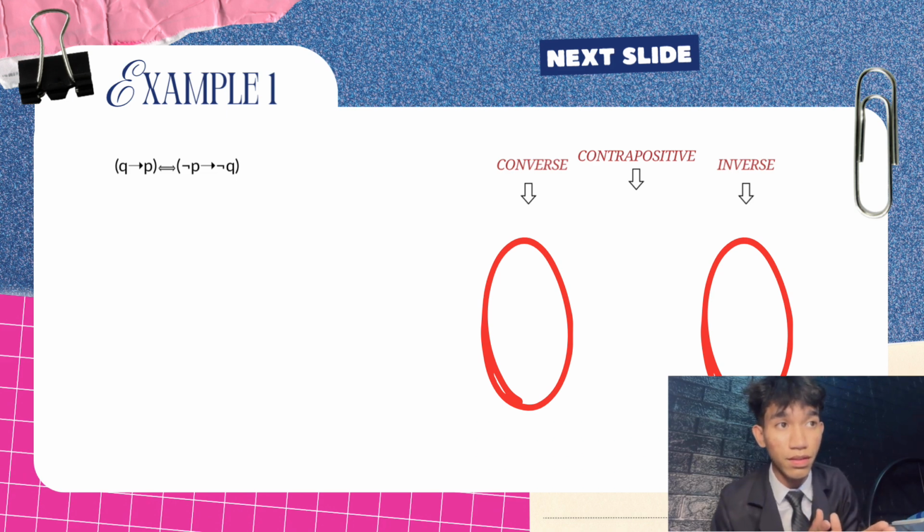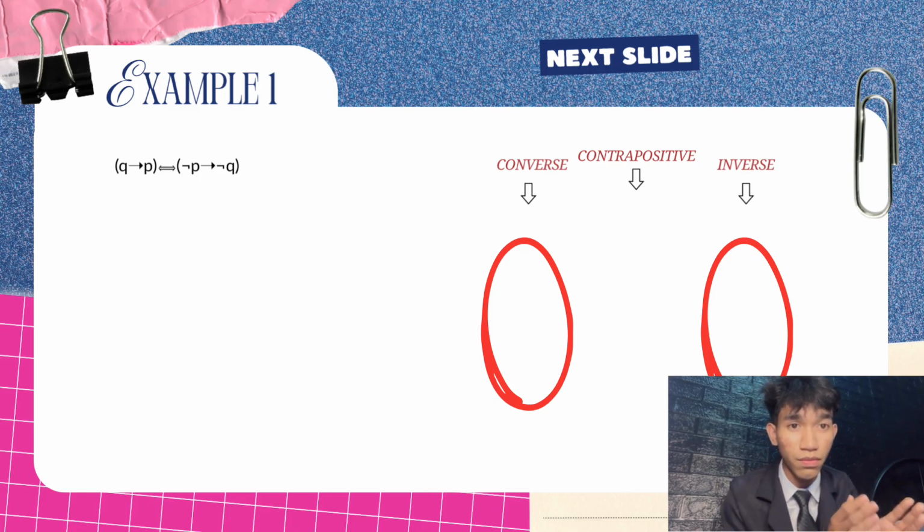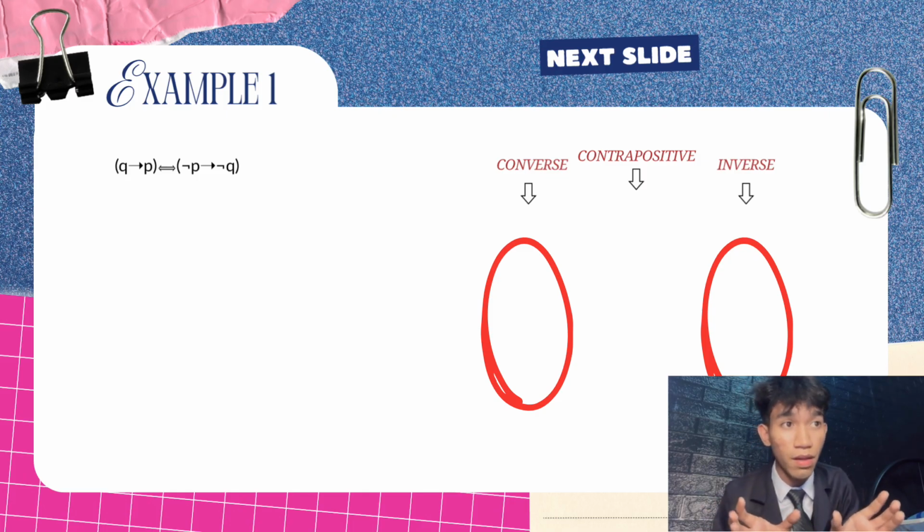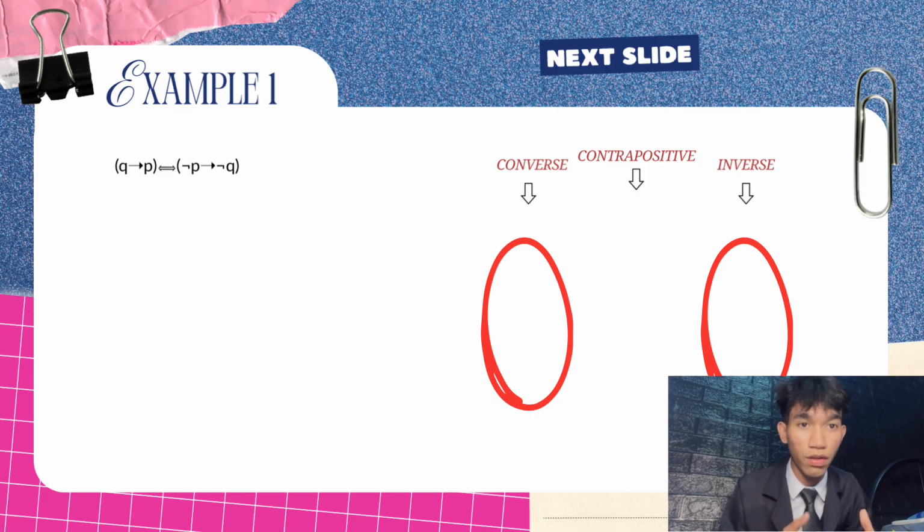From there, you can see Q implies P, which is the converse, and negation P implies negation Q, which is the inverse, have the same truth value, which is true, true, false, true for both of them. So this is what we call logically equivalent. Here we can prove that Q implies P is equivalent to negation P implies negation Q because they have the same truth value.